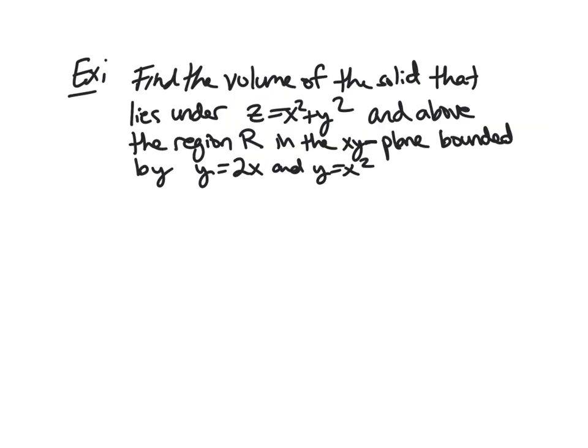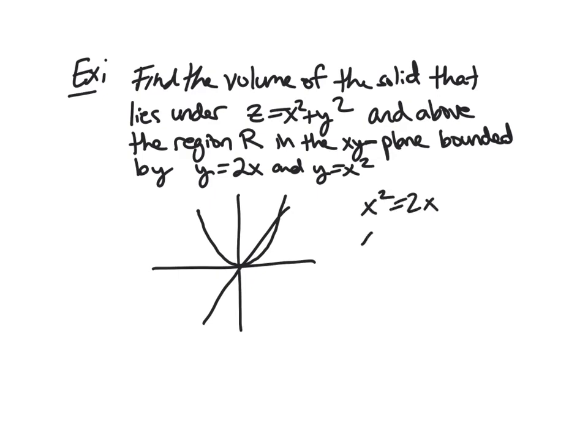So here we want the volume under this paraboloid, x squared plus y squared, and above our region R. Usually we know the height and it's going to be involved in our integral, but we're mostly concerned in terms of the setup with the region in the xy plane. And so here we have the bounds between x squared and 2x, and so we would set those equal to each other.